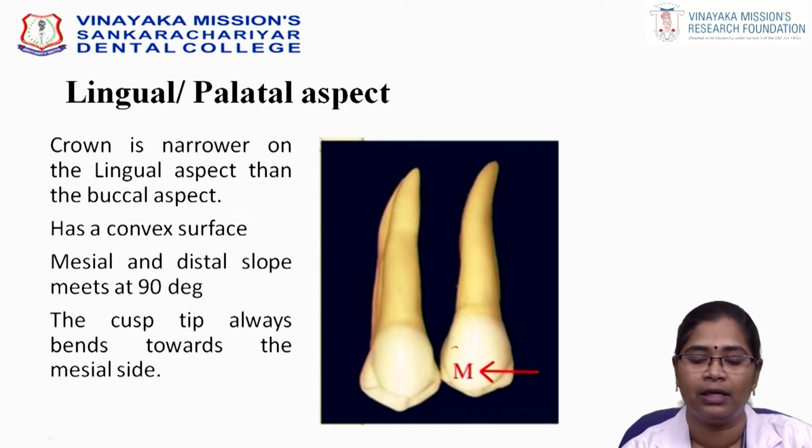This is the cusp tip that is bending towards the mesial side of the arch. So this might be the appreciating feature to differentiate between a right and a left tooth. That is, there is a mesial tilt of the cusp tip of the first and second premolars. This is one differentiating feature of the two teeth.